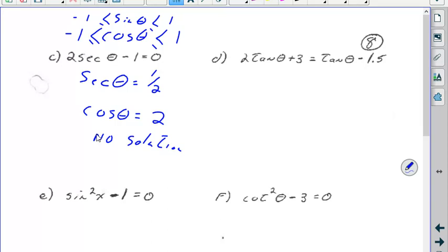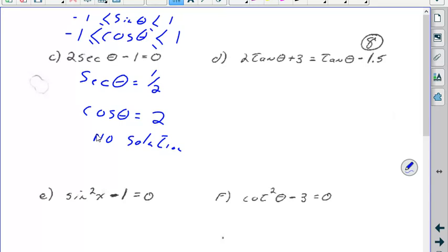Now this one looks a little bit clumsy, not bad. It's a linear function. This is called a linear trigonometric function because what's the degree of the tangent? It's just 1. Okay? So, how do we solve any linear function? Get the variable on one side.